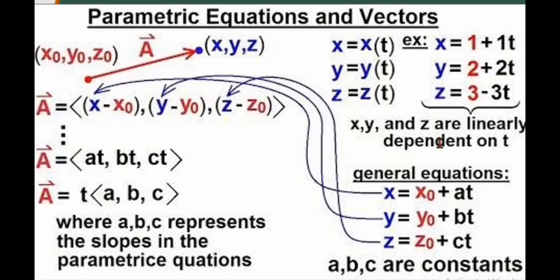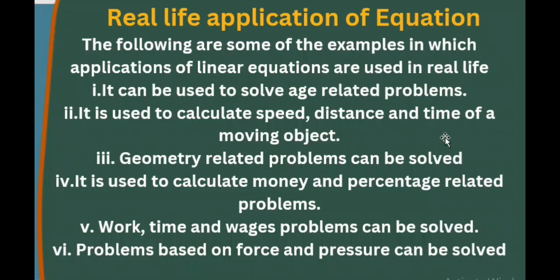This is an expression for a parametric equation. This expression shows a parametric equation and vectors representing your value, given that a, b, c represent the slope in the parametric equation and a, b, c are constants.